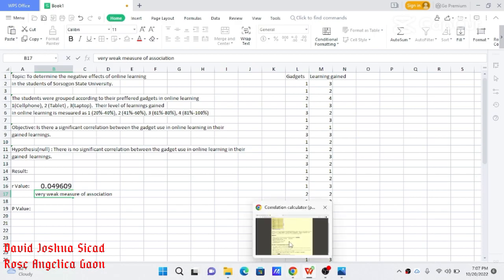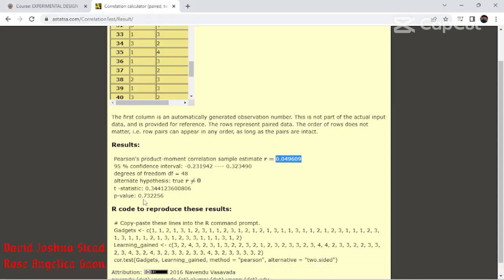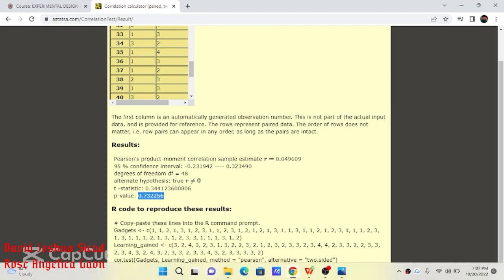So the result of the p-value is 0.732256. So this is higher than the statistical value of 0.05. So the hypothesis will be accepted. We'll copy.